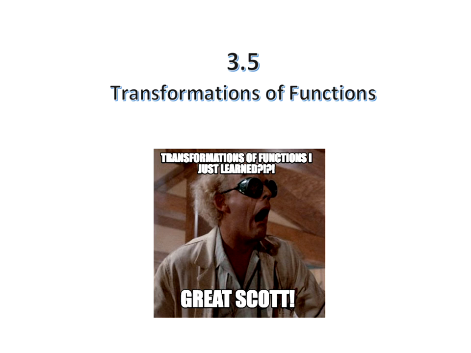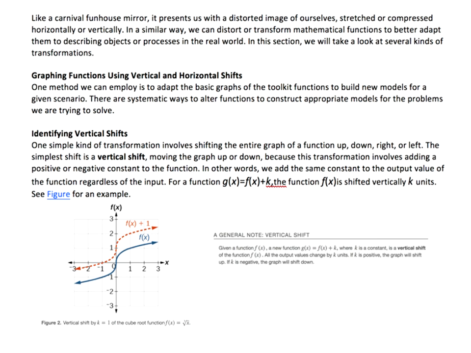Maybe you're shifting it left or right or up and down, or maybe you're stretching it or compressing it, but it's basically the same shape, either mutated a little bit and moved around or just moved around. That's what a transformation is. So let's go ahead and dive in.